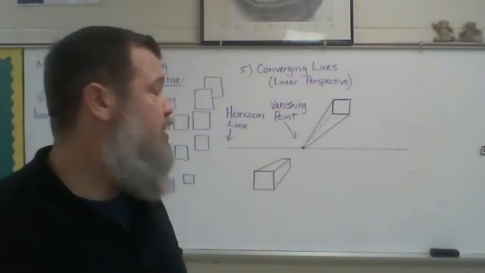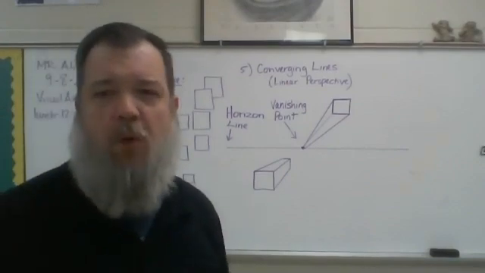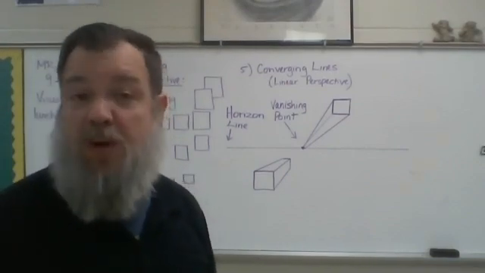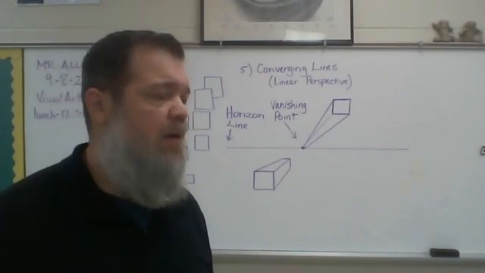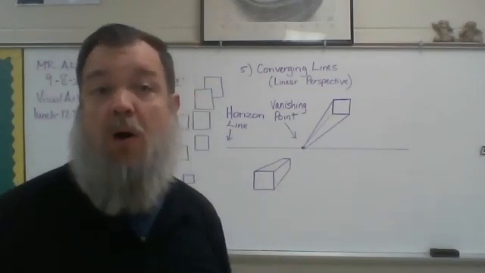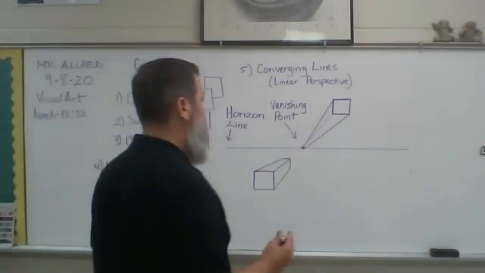Alrighty. As I mentioned earlier, we will, of course, get into some more complex forms of linear perspective later in the week. But for today, I want to start out nice and simple and keep things relatively brief so you have plenty of time to draw, okay? But in a nutshell, this is how it works.